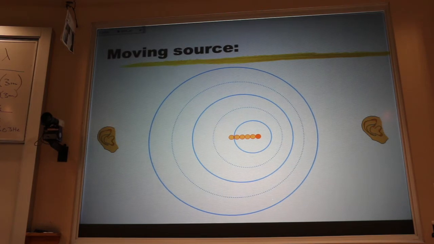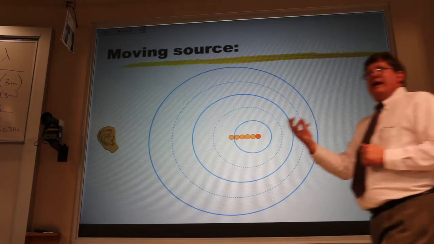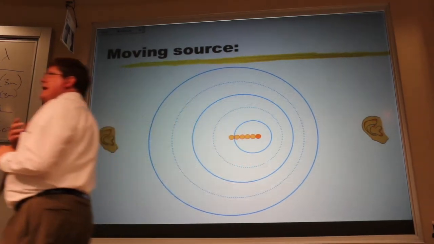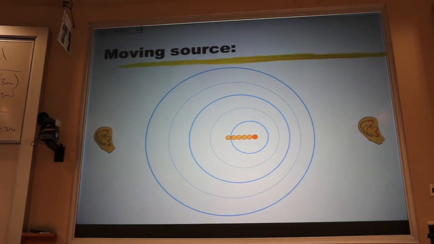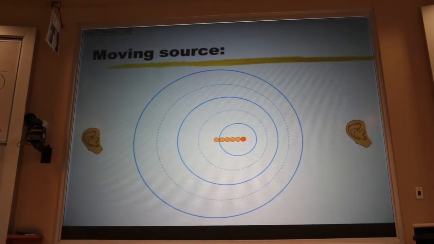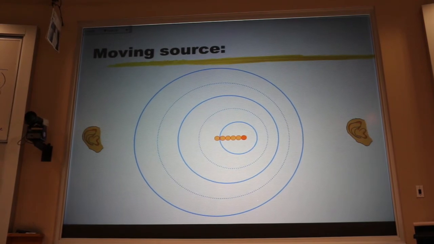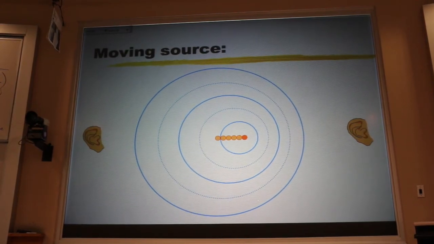My point is, in order to hear this shift, the source has to be moving at a speed that's an appreciable fraction of the speed of sound. And trying to get this old fat boy going an appreciable fraction of that speed ain't going to happen.